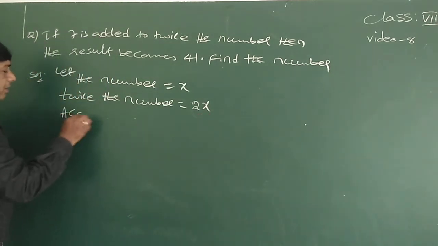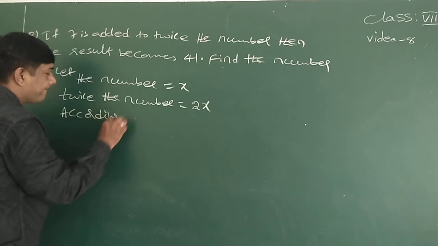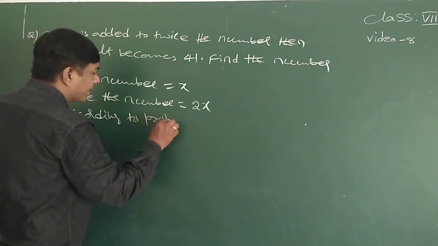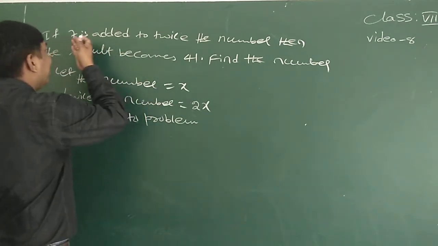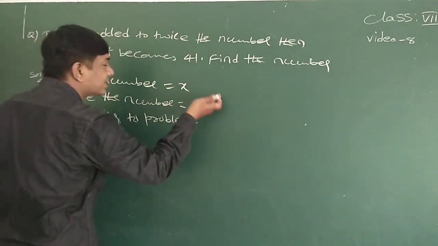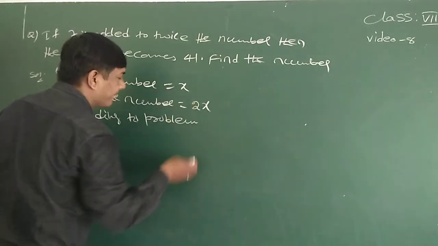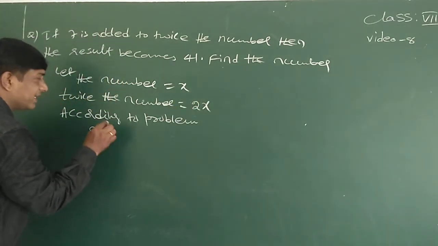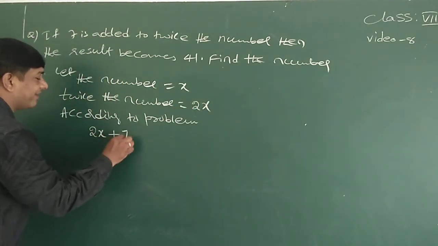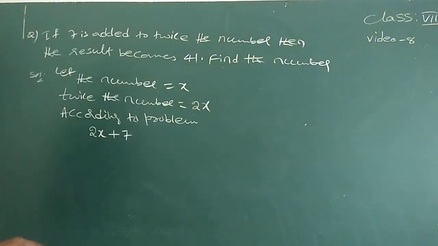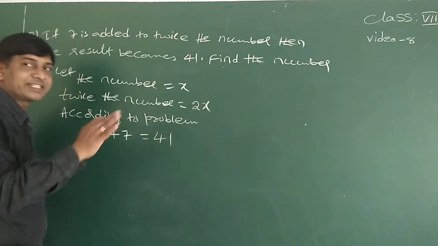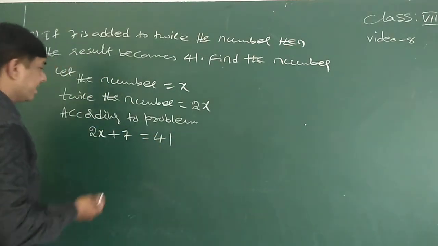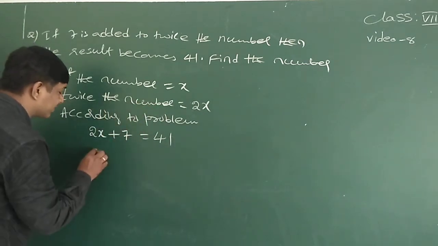Now according to the problem, we have to add 7 to twice the number. This 2x is added by 7, and the result becomes 41. Now transpose the values one by one.